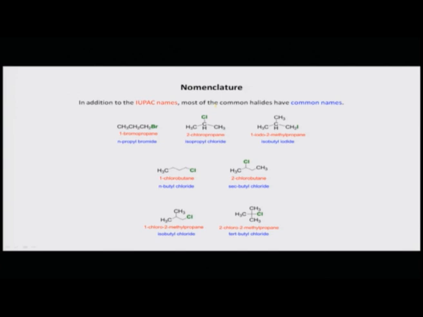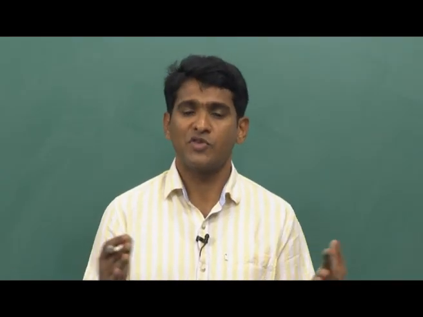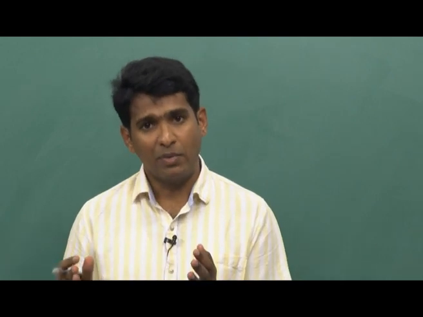The nomenclature is given by IUPAC, which you know is the International Union of Pure and Applied Chemistry. What the union does is set out a set of rules for how chemistry should be seen and discussed by the people who follow chemistry.